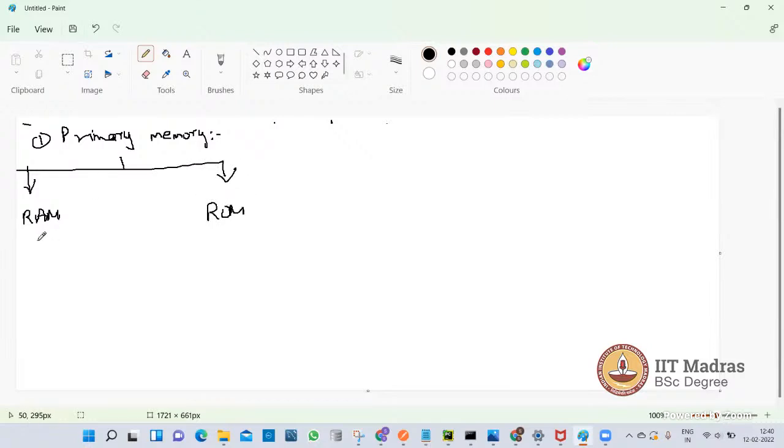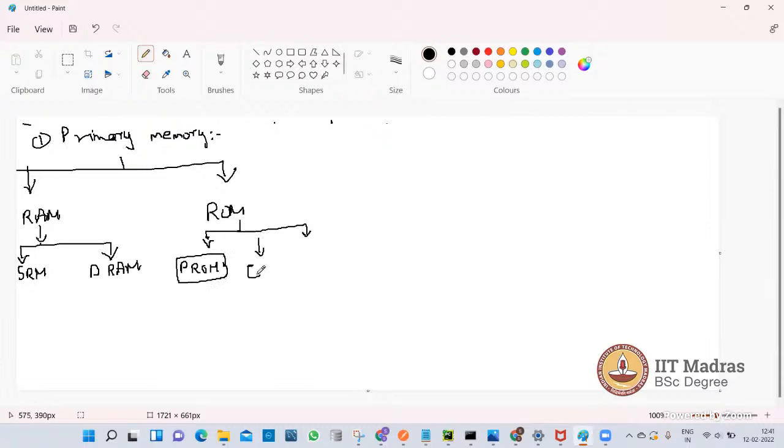RAM is further divided into two parts, SRAM and DRAM. There is not much use of ROM as far as this week is concerned, but for your understanding, ROM is further divided into PROM, EPROM, and EEPROM. These are the three subdivisions of ROM itself.